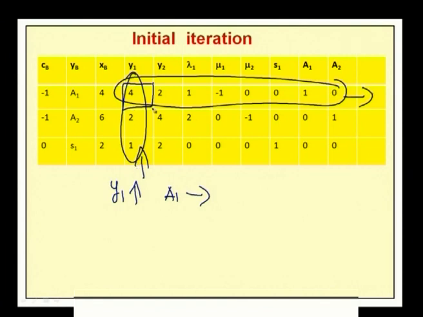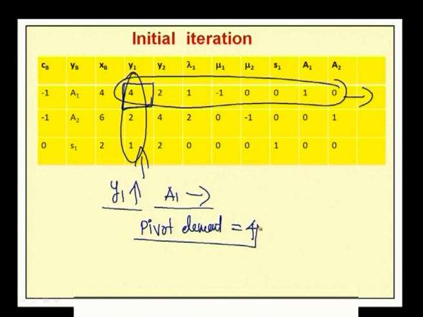Here y1 and a1 intersect at 4. Therefore, the pivot element for this table is 4. So, in the initial iteration, our entering vector is y1, leaving vector is a1, and pivot element is 4.